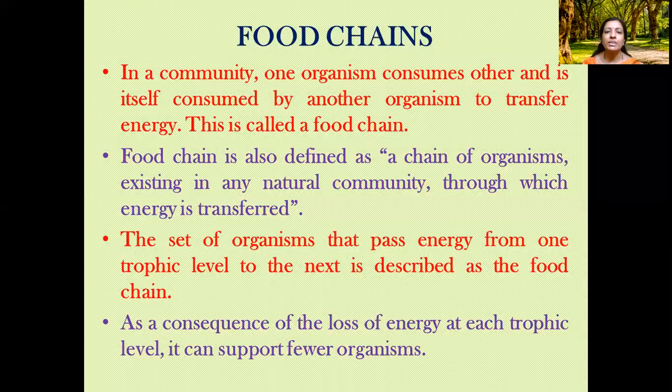Therefore, food chains are nothing but a set of organisms which pass energy from one trophic level to the other. As a consequence of the loss of energy at each trophic level, it can support fewer organisms. So, a food chain is nothing but one trophic level transferring food and energy to the next trophic level.